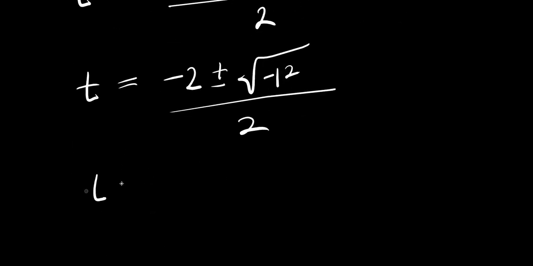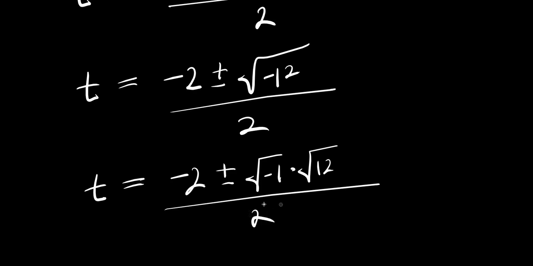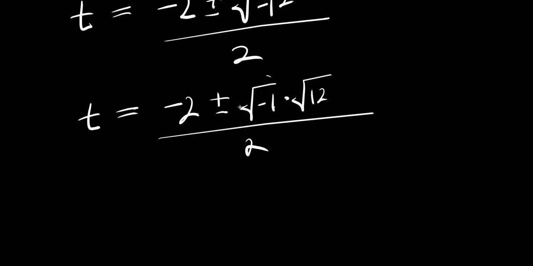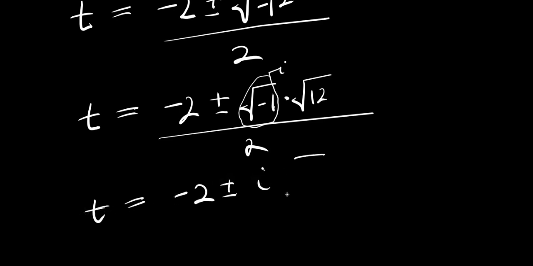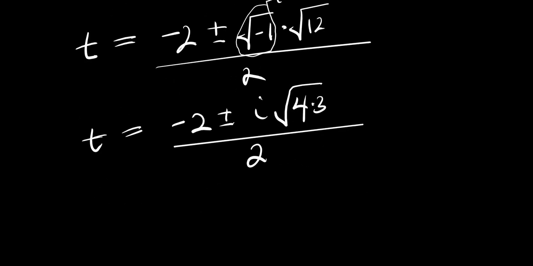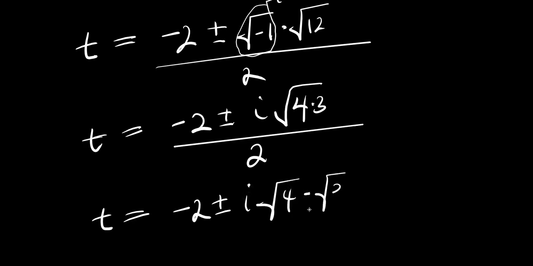So from here, t equals negative 2 plus or minus square root of negative 1 times square root of 12, divided by 2. This square root of negative 1 here is i. So t equals negative 2 plus or minus i times square root of 4 times 3, divided by 2.